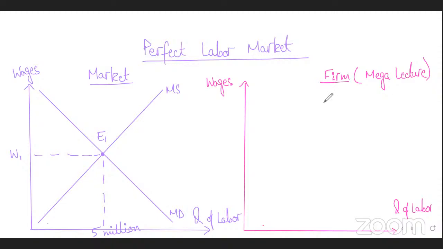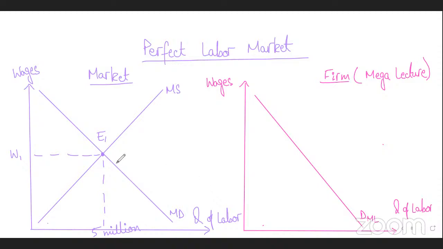Okay, now think about this. Our demand for teachers, the graph for teacher demand at Mega Lecture, would also look like this. But the only difference is that it's only our demand, Mega Lecture's demand for teachers. It's not the total market demand, because in the market there are other schools and other online teaching platforms.